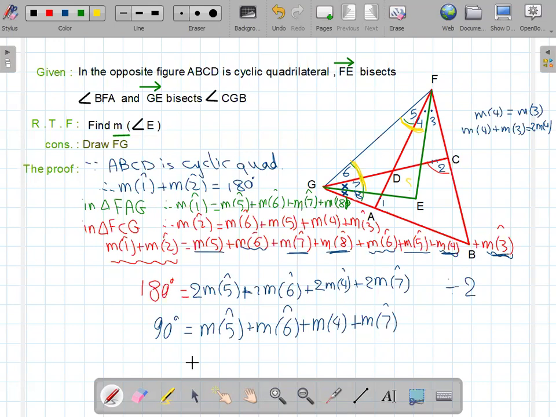I say again, this means measure of angle EFG plus measure of angle FGE.